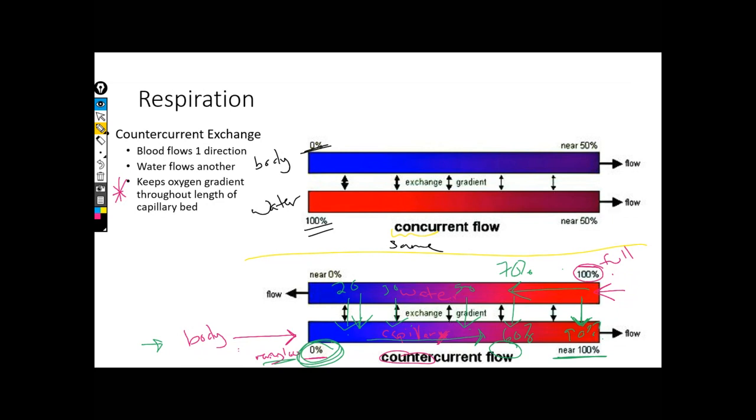So the start of this looks like it's going to be a super great deal, as I have 100 or very full for my water, and I'm very, very empty for my body. When they're first meeting, we're still going to be working down our concentration gradients. All those rules still apply. So we're certainly going to be moving oxygen from the water to our body.